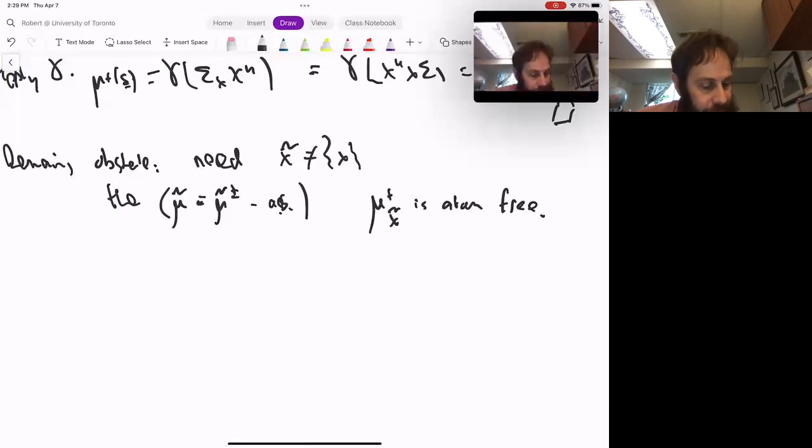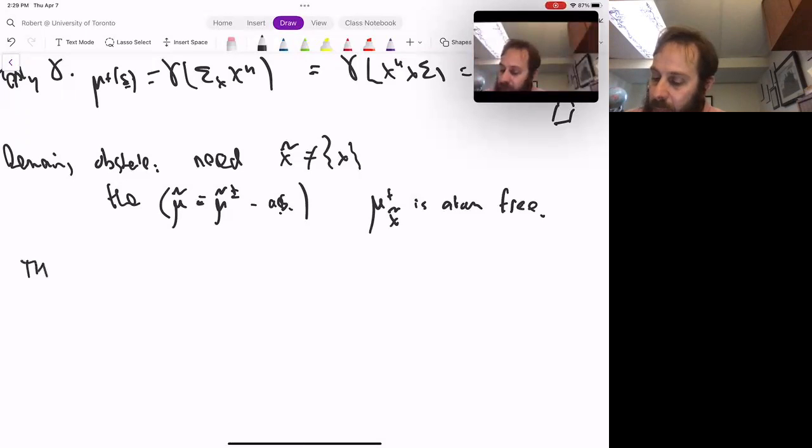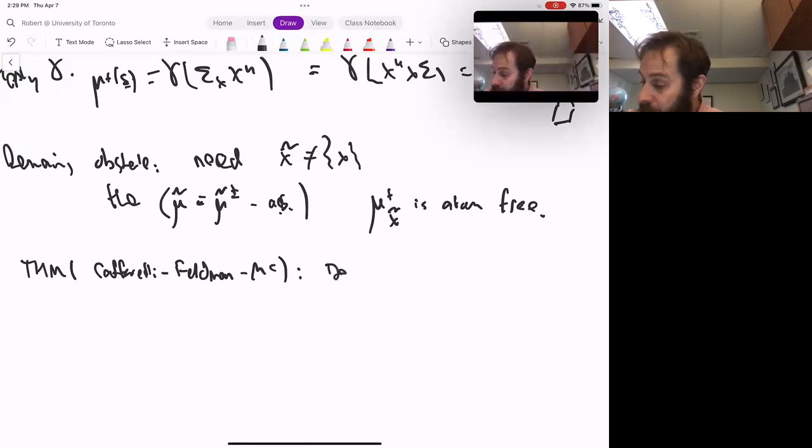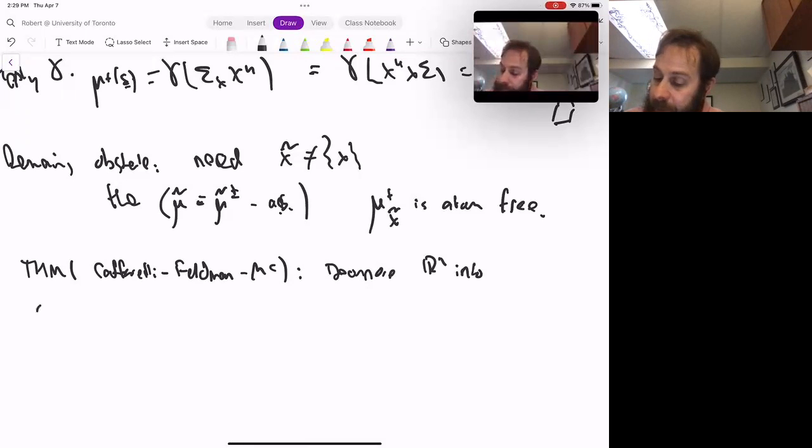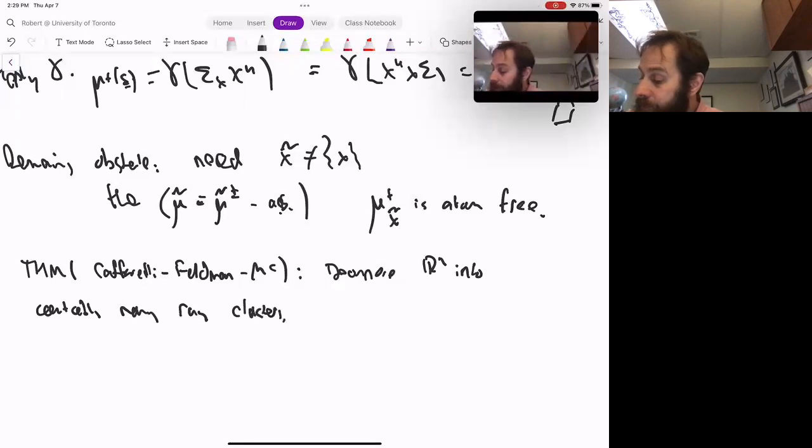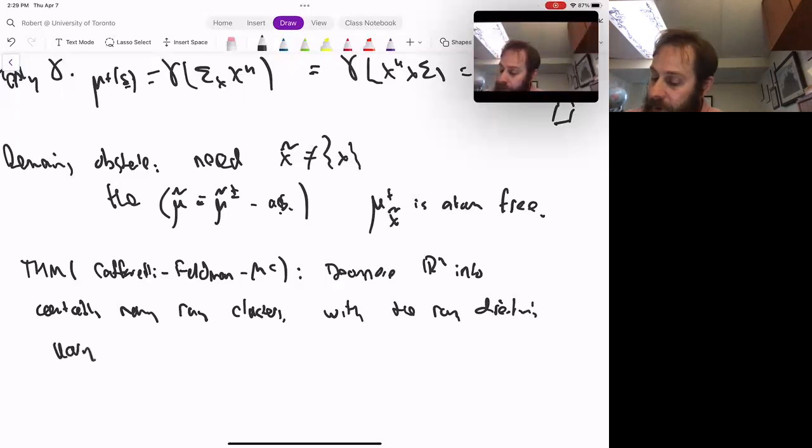And so the theorem that I proved with Caffarelli and Feldman, and other people had their own approaches, Trudinger and Wang and Ambrosio had their own approaches about the same time, was that we can decompose R^n into countably many ray clusters with the ray directions varying Lipschitz continuously, at least away from ray ends.